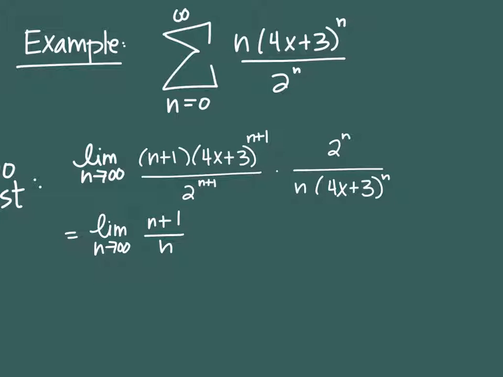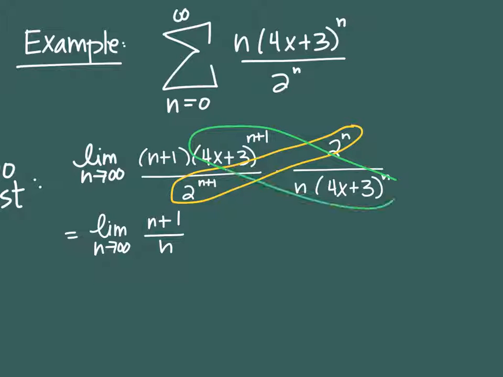The 2's will, and the 4x plus 3 will. So I will be left with a single 4x plus 3 in the numerator and the value of 2 in the denominator. And just like last time, this will need L'Hopital because I end up with infinity over infinity.